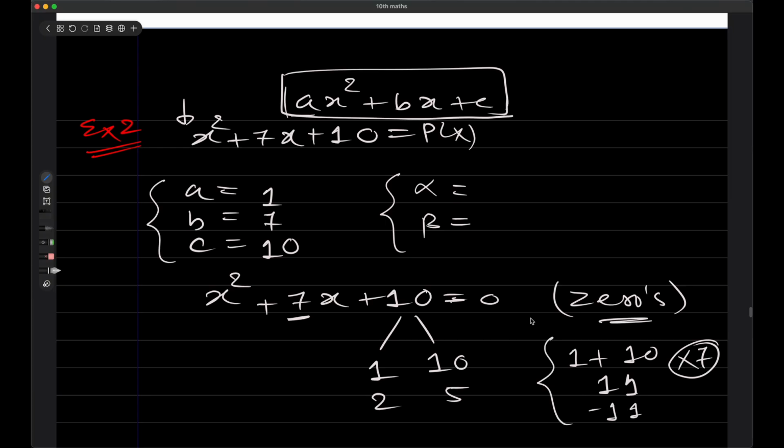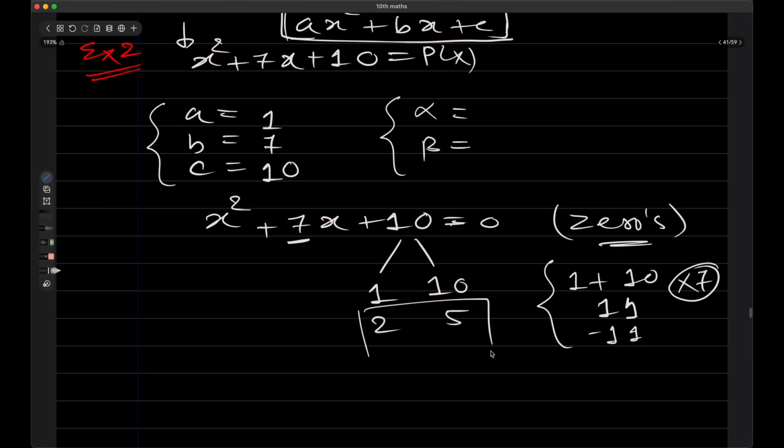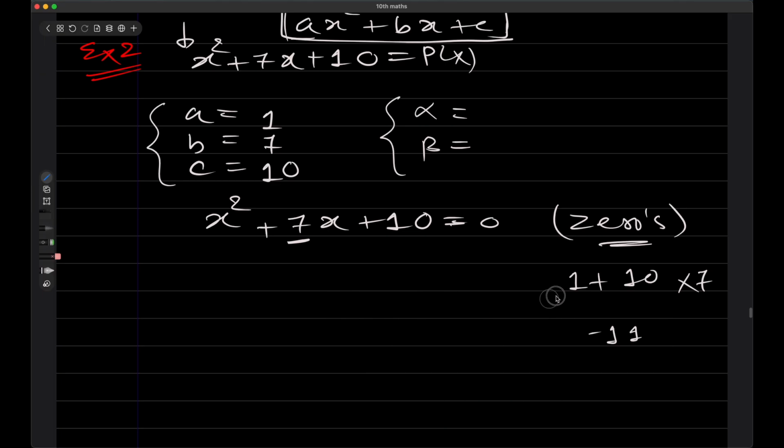We cannot get 7. If we take 2 into 5, we get 2 plus 5 equals 7. So we can divide 10 into 2 into 5 to find the zeros of the polynomial.